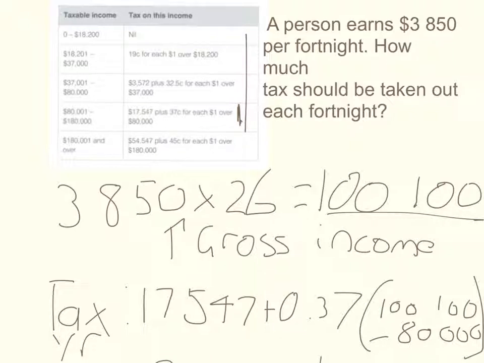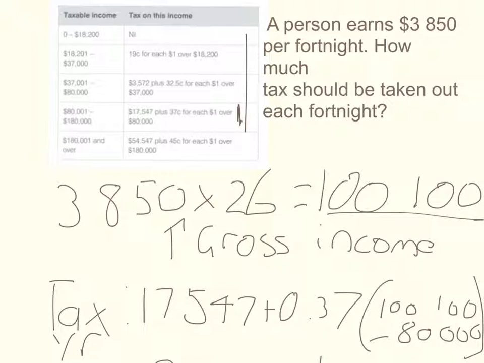If we want to know how much should be taken out per fortnight, all we do is divide that by 26, again because there are 26 fortnights in a year. So per fortnight, it would be 24,984 divided by 26, which equals $961.